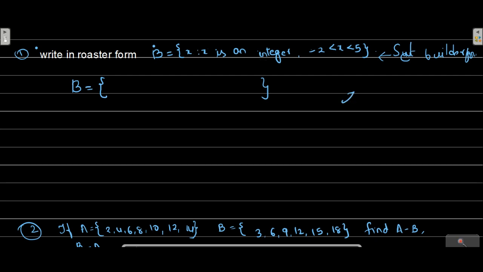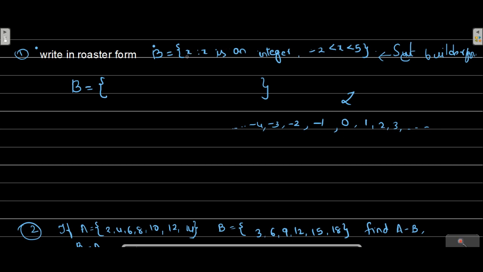What are integers? Integers are the numbers which include both positive and negative. So they look something like this: negative numbers, 0 and positive numbers together are called integers.